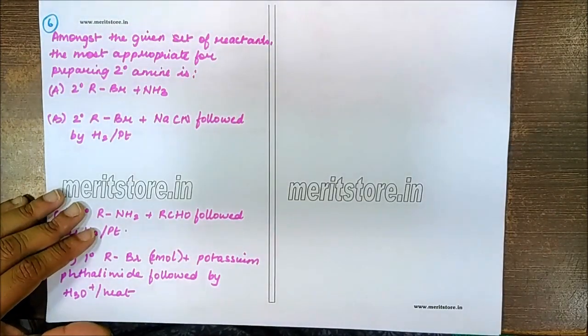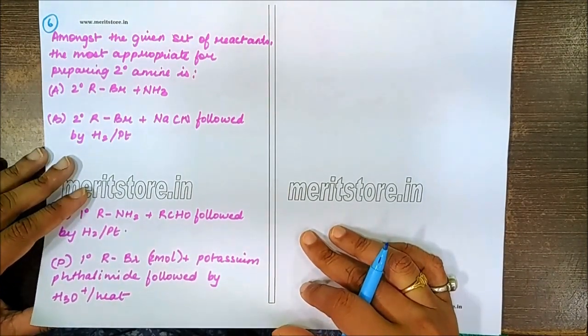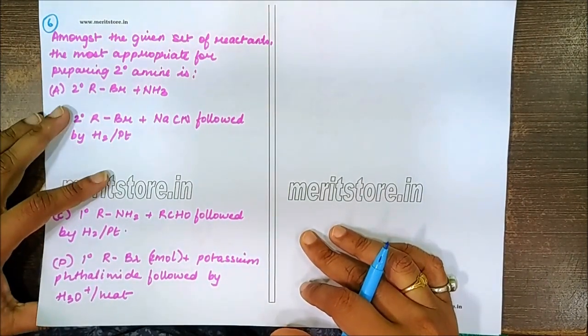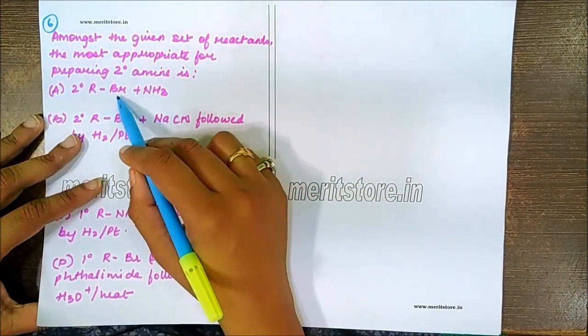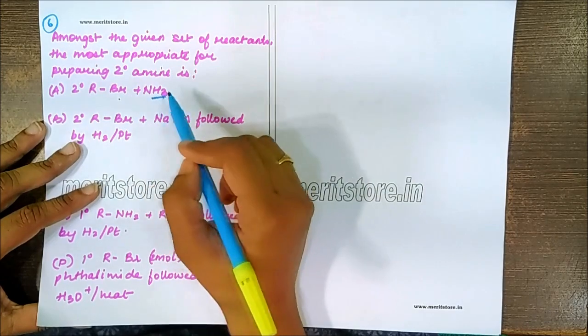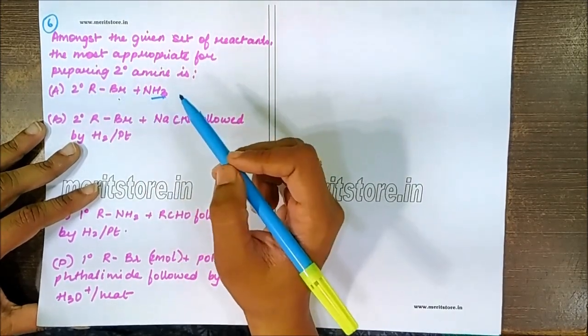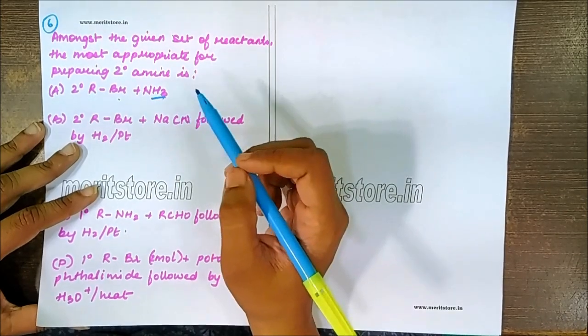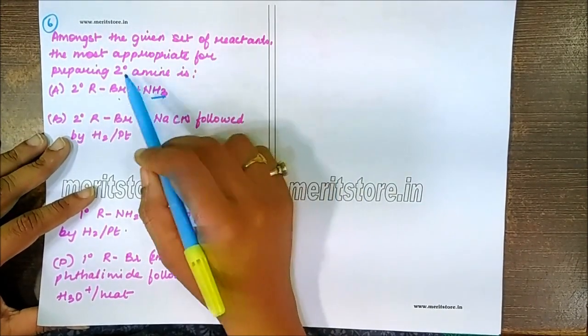Next question. Amongst the given set, the reactants most appropriate for forming the secondary amine is. If you allow this to react with NH3, this will give us the Br substitution by NH3. So this will give us the secondary amine. Given set is not it.